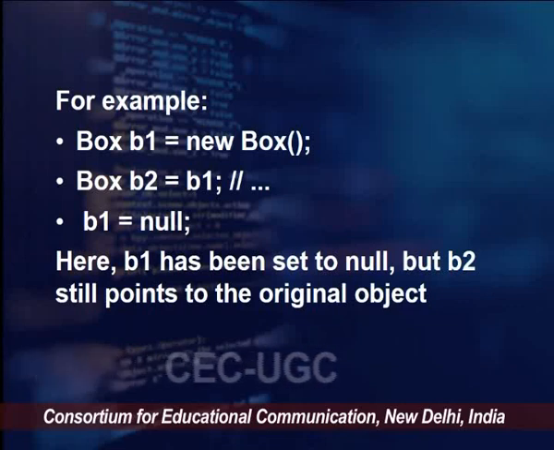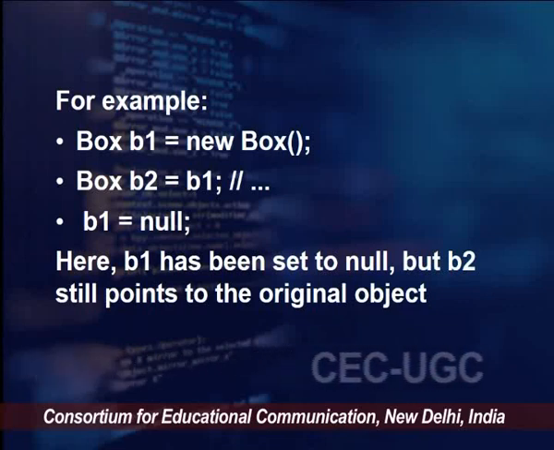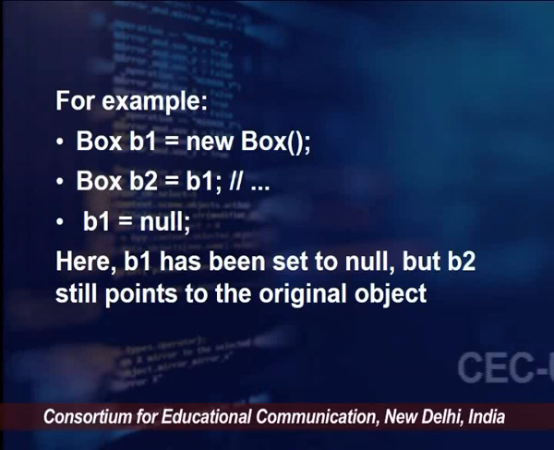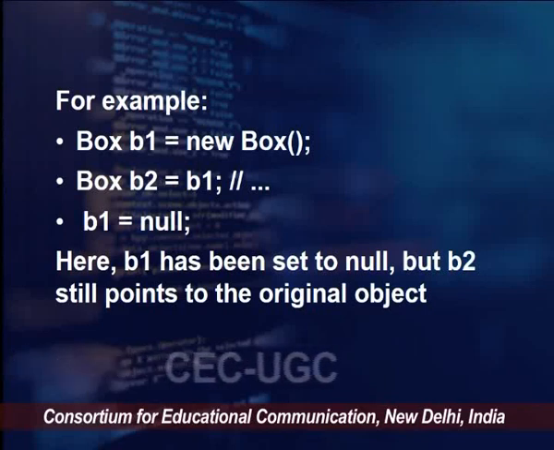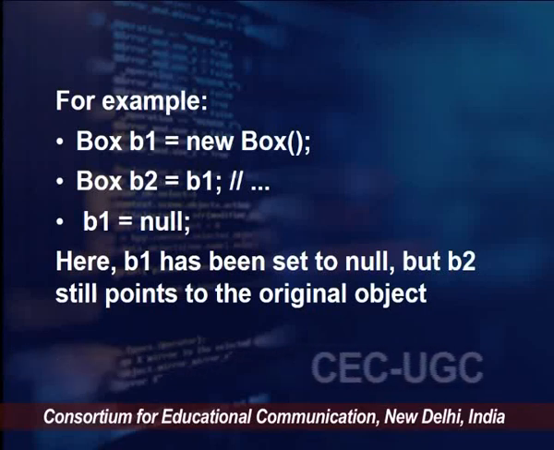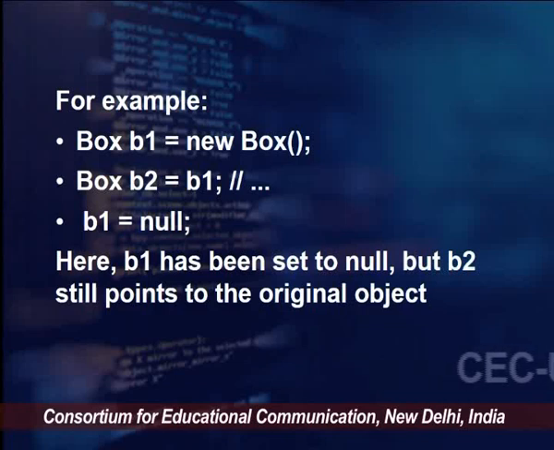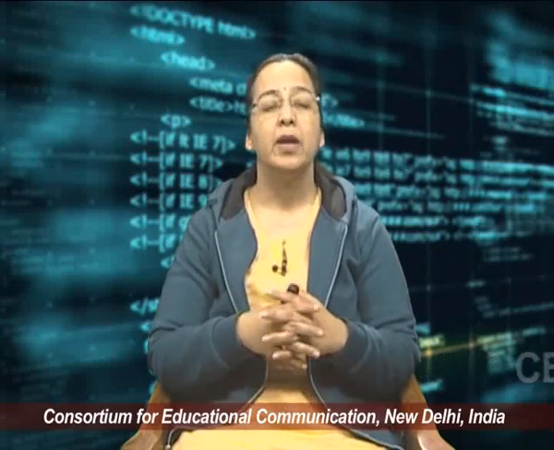It is not affecting B2 in any manner. B2 is still having the address of the object, while B1 is holding a null value. So B1 has been set to null and B2 is still pointing to the original object. This is how we can deal with assigning values to objects.